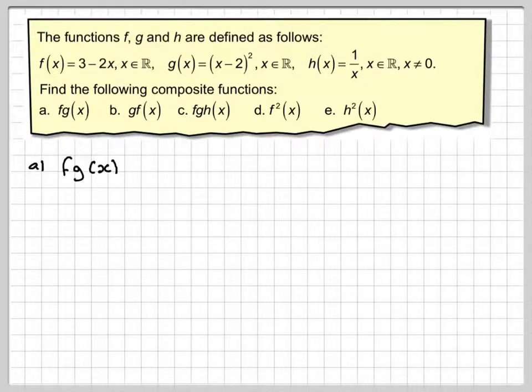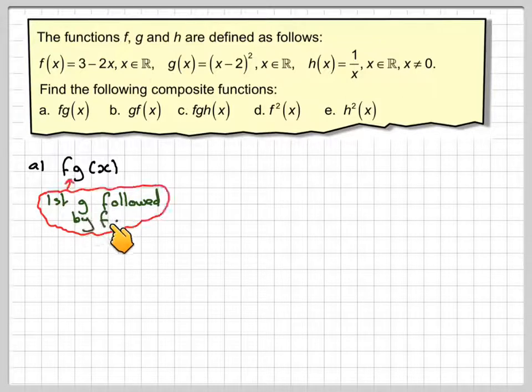So what I'm saying is the output of g must be in the input of f, otherwise the composite function does not exist. So we've got fg of x, so that means first g followed by f.